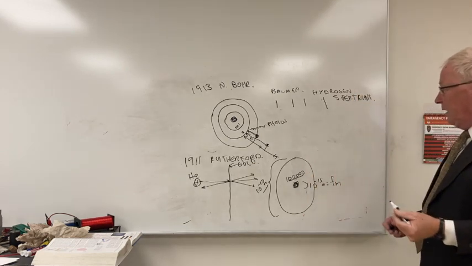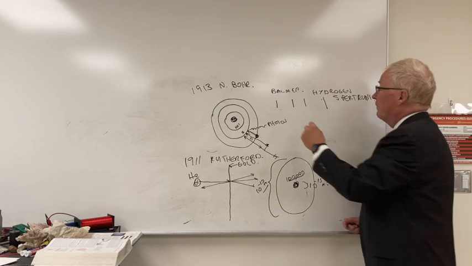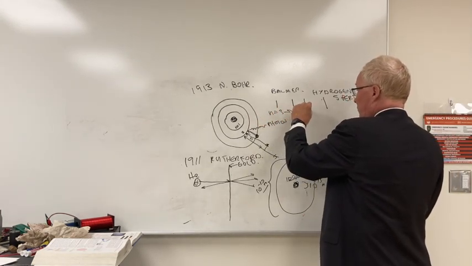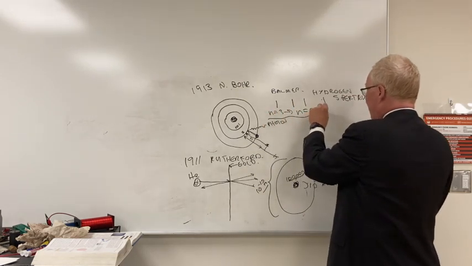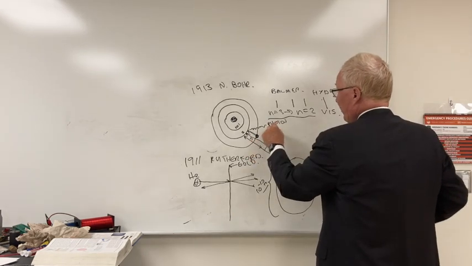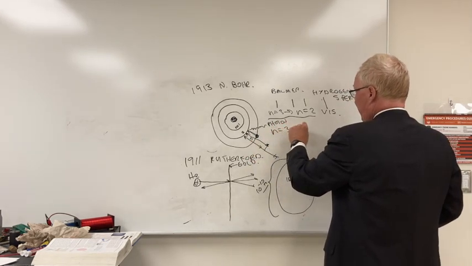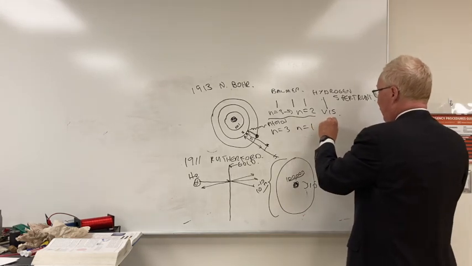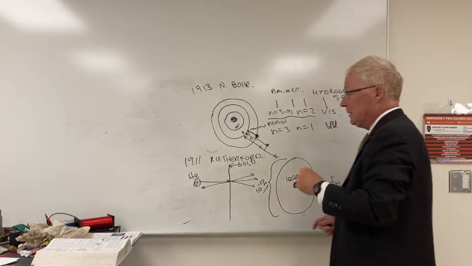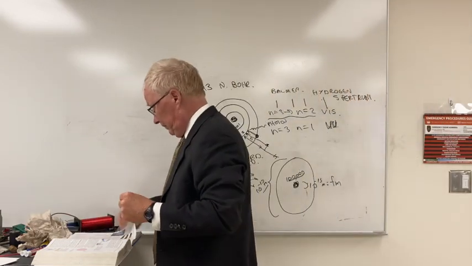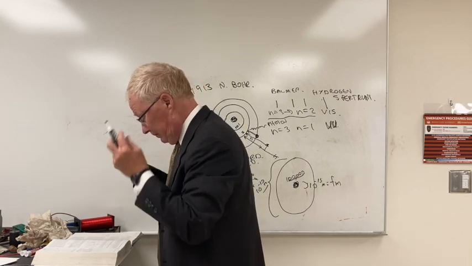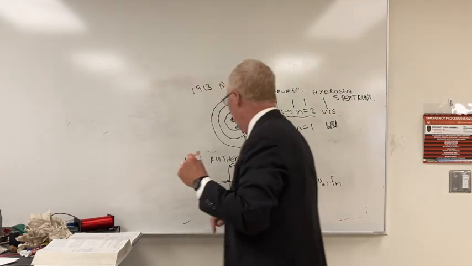And that's what the model was. Going from higher numbers, like n equals 3 down to n equals 2, is in the visible spectrum. If you go from n equals 3 to n equals 1, that is in the UV spectrum, the so-called Lyman series.